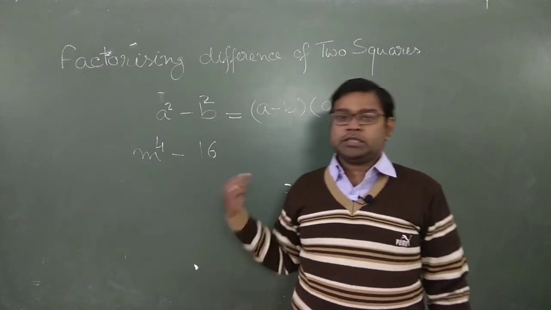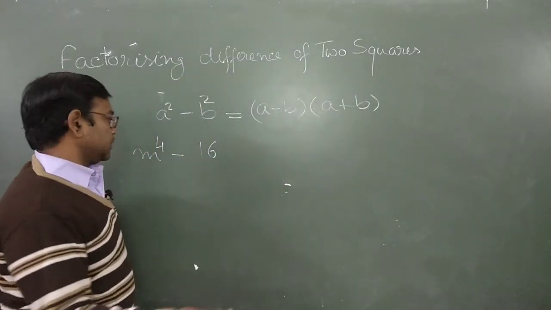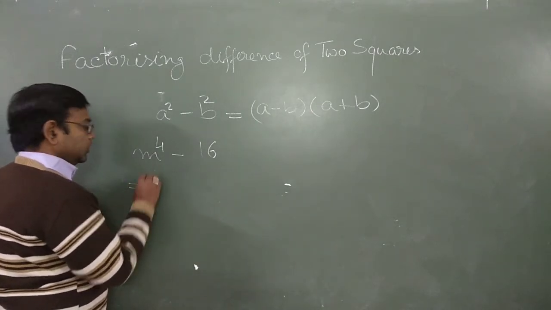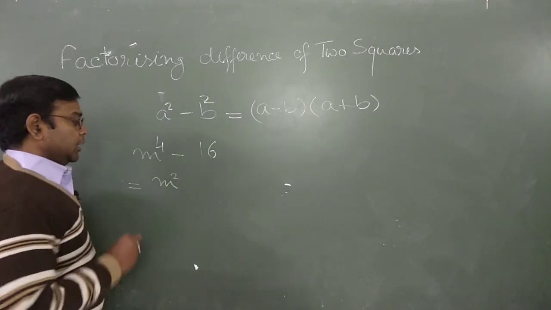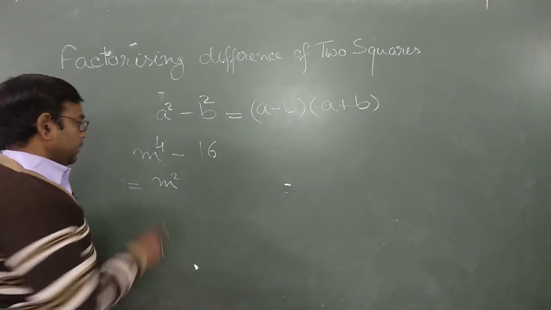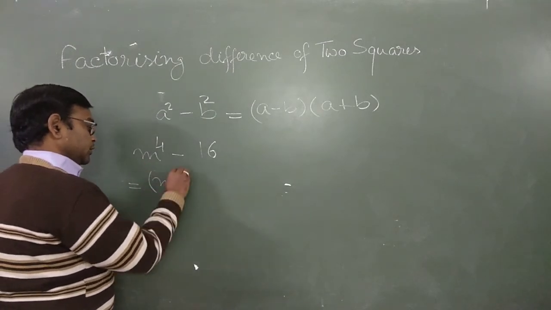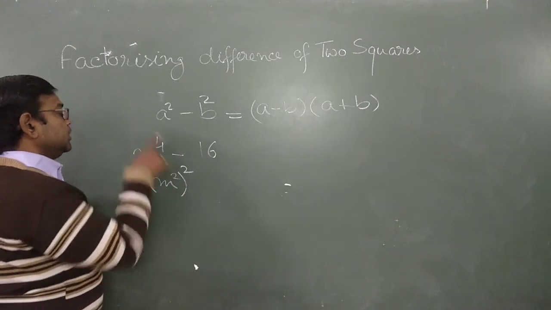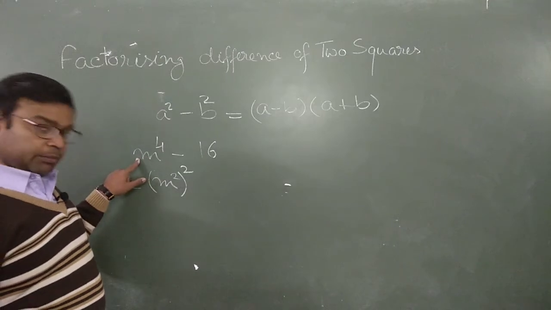How? Let's see. In this case we first find out the square root of this one. As we know, the square root of m to the power 4 is m square, and then we have to make this part similar, so we can easily write it as a square. What does it mean? m to the power 2 is the square root of m to the power 4.